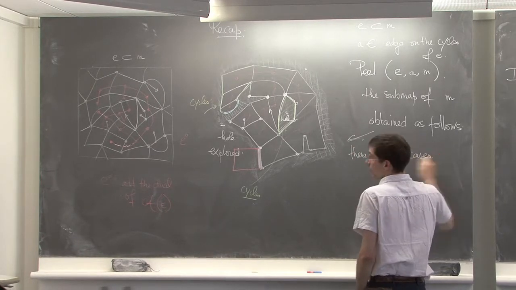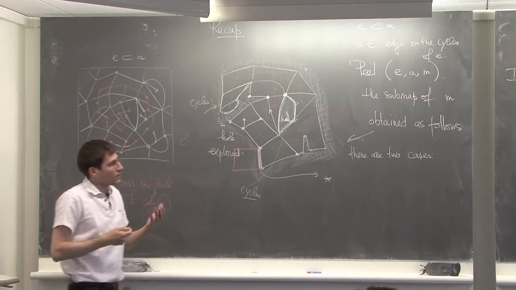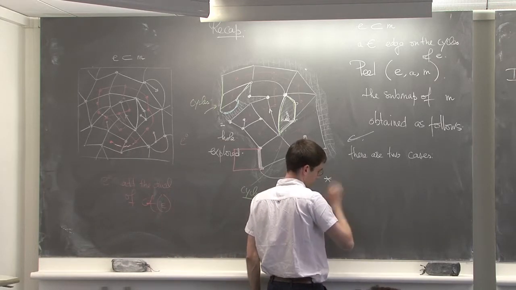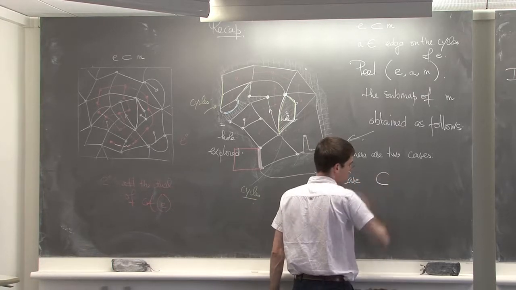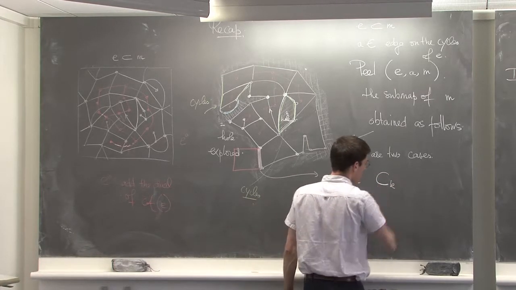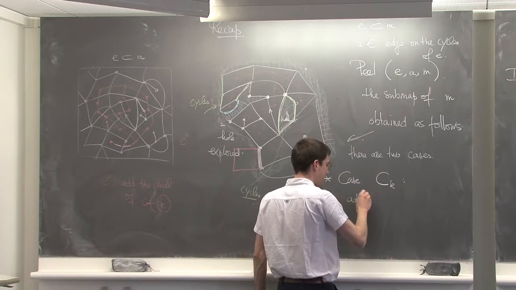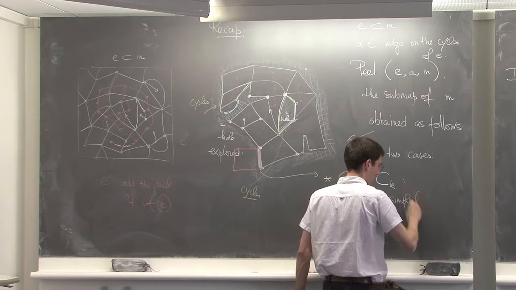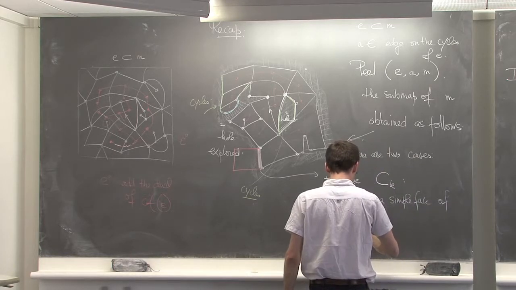So the first case, which I describe here, let's say we call this case C, like center K, which corresponds to adding a simple face of degree 2k.